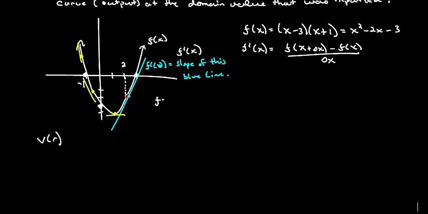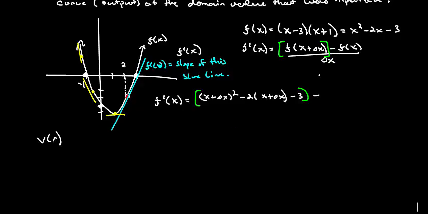So f prime of x is going to be equal to this plugged in. I'm going to use the second one here. So it's going to be x plus delta x squared minus 2 times x plus delta x minus 3. That is this piece right here.